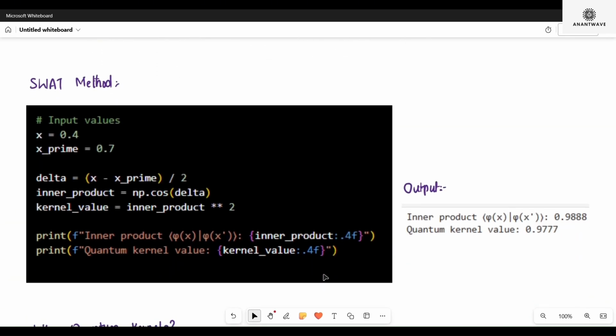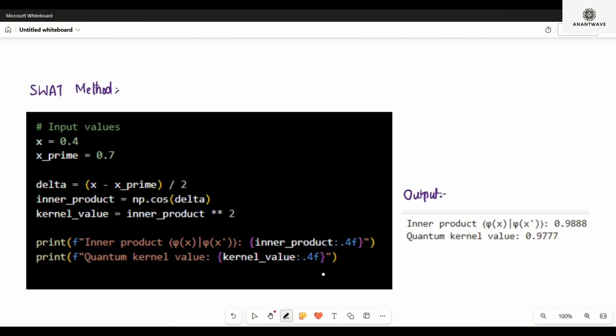Here, as I'm applying the RY gate, I calculated the inner product formula as cos of (x minus x prime) by 2. So I am defining x and x prime values here. And then firstly, I am calculating this value as delta.